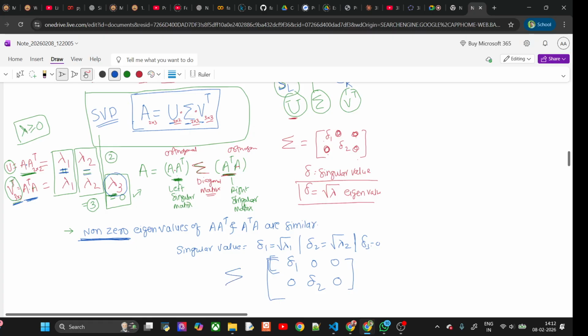So this is your sigma for SVD calculation. You have only sigma 1 and sigma 2. Sigma 3 is not there, because it's a 2 cross 3. Sigma 3 is 0 because there is no lambda 3.